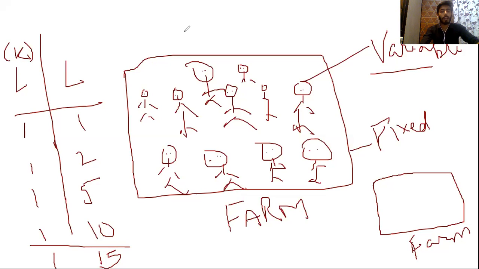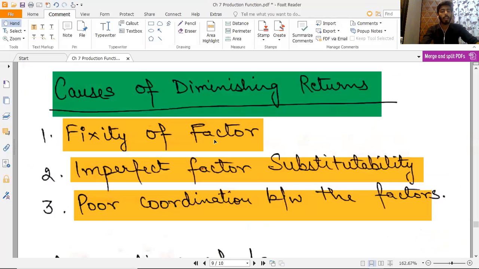So this is the third reason why there is diminishing returns. The first factor was fixity of the factor, the second point was imperfect factor substitutability, and the third point is poor coordination between the factors.